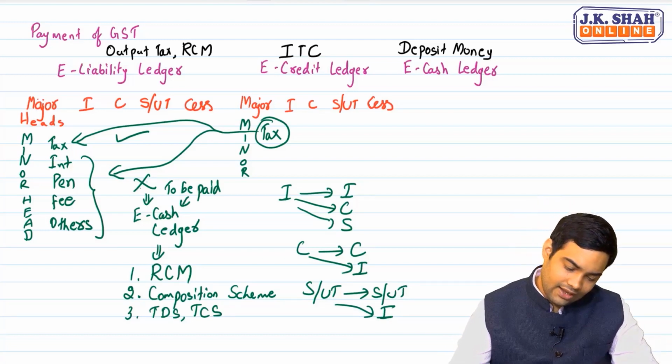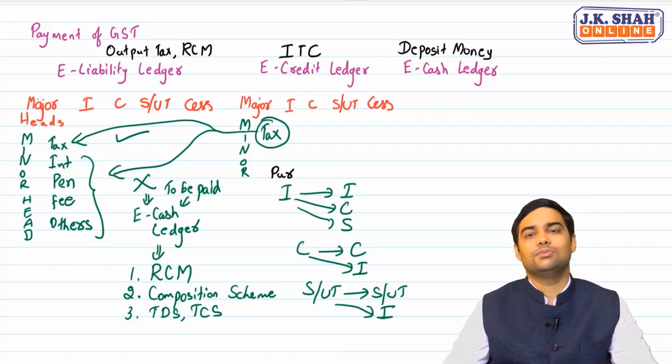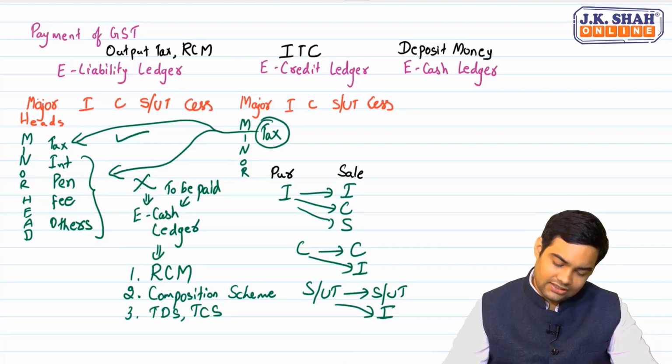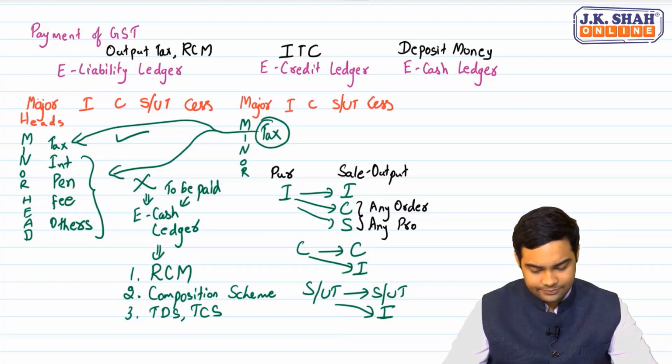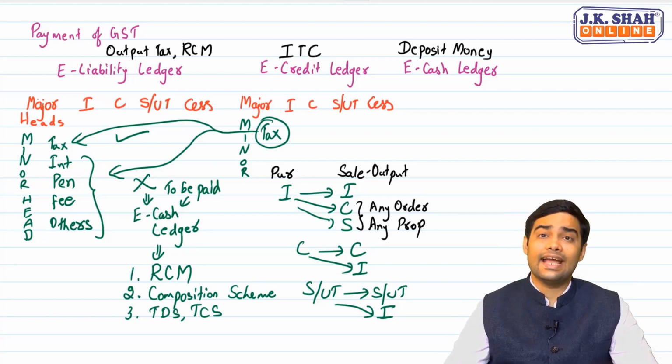See, whatever I have written here is tax paid on purchase, which becomes my ITC, and this is tax collected on sale, which becomes my output tax. So there is a methodology given, and then here the law also says any order, any proportion. Clear with this? Okay.